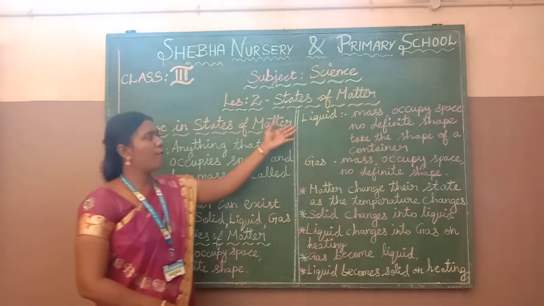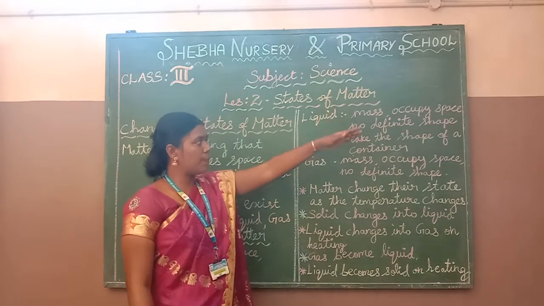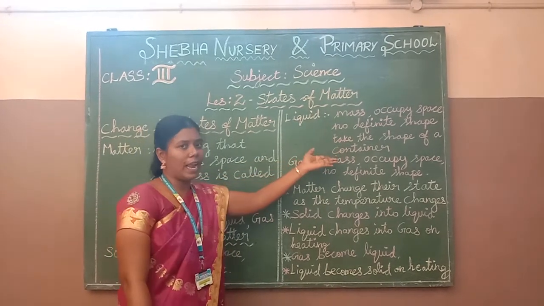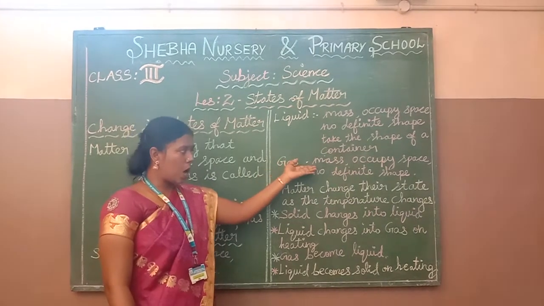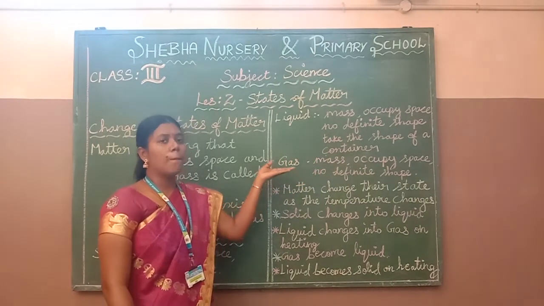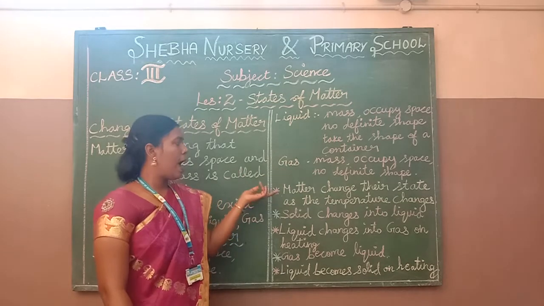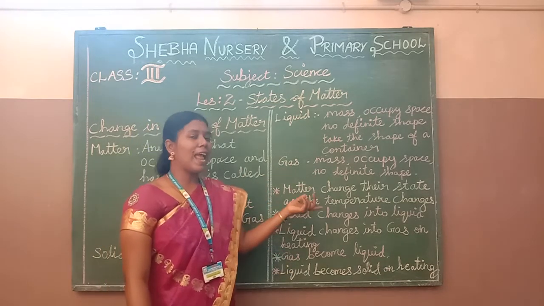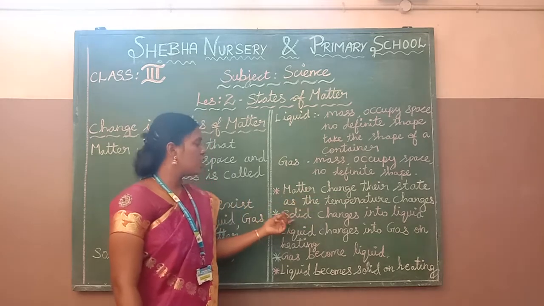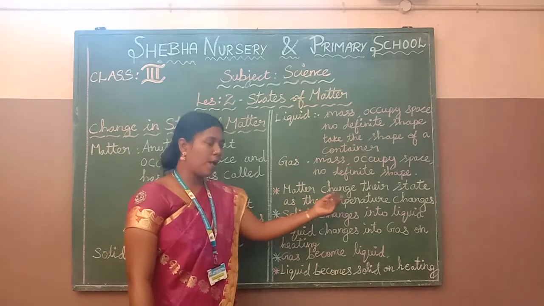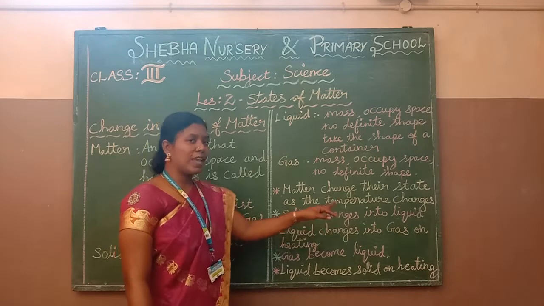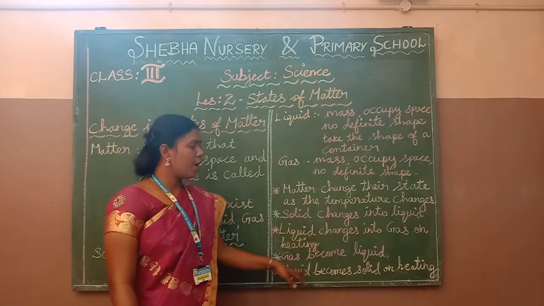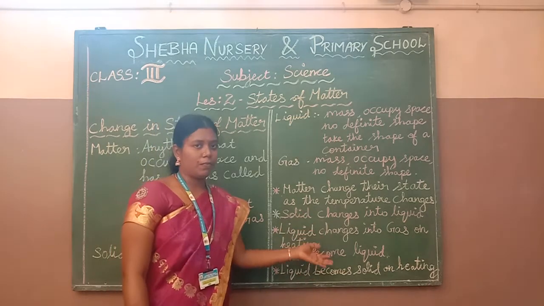Liquid has mass, occupies space, has no definite shape, and takes the shape of its container. Gas has mass, occupies space, but has no definite shape. Matter changes state as the temperature changes. Solid changes into liquid. Liquid changes into gas on heating. Gas becomes liquid. Liquid becomes solid.